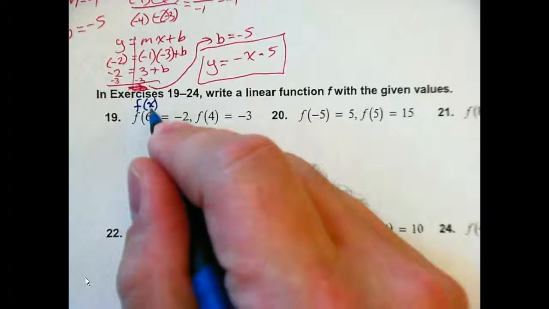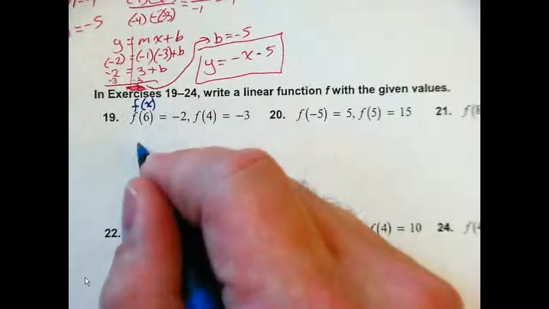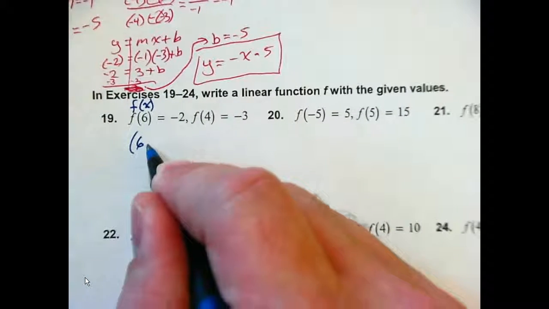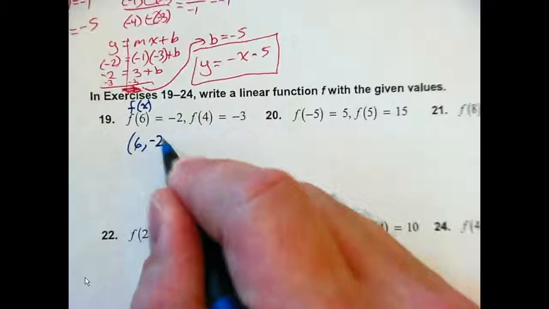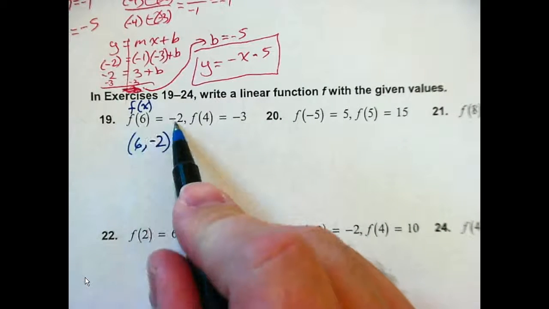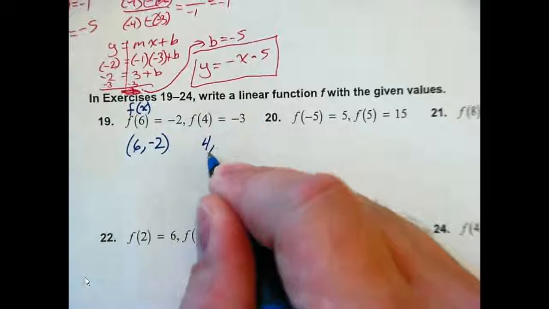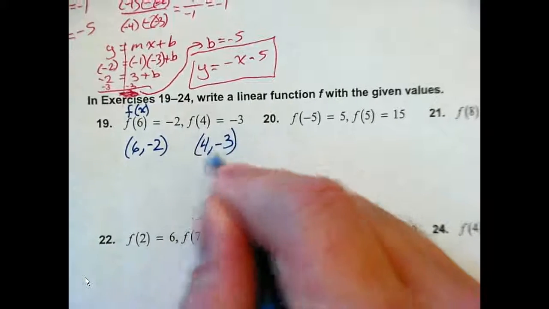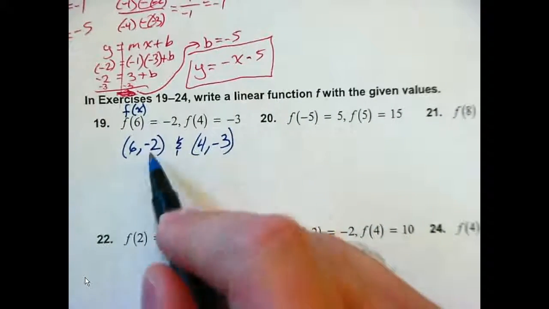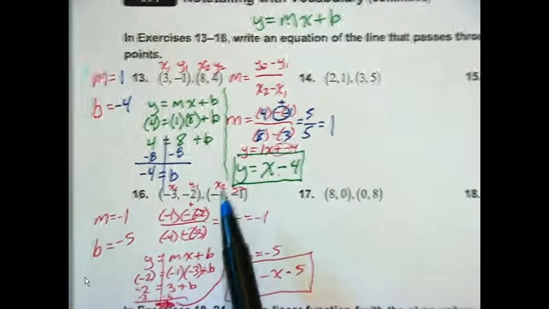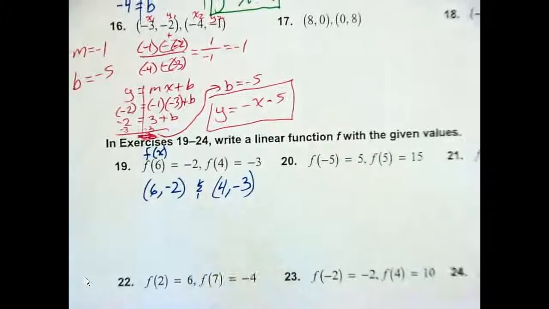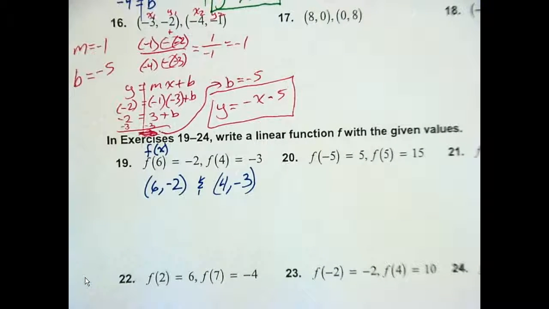So x is 6. So this gives me the ordered pair 6, -2. So when the input is 6, the output's -2. When the input here is 4, the output is -3. Now you have 2 points, just like you had up here. Now you can write your equation, or calculate your equation.